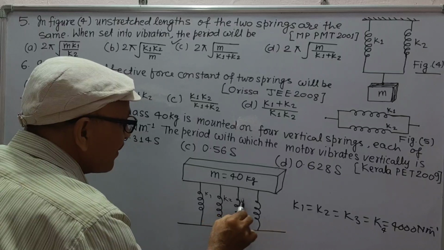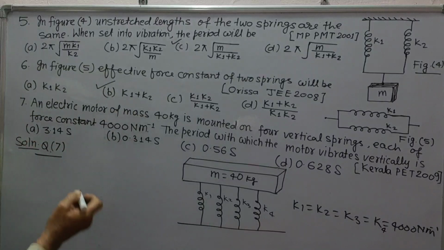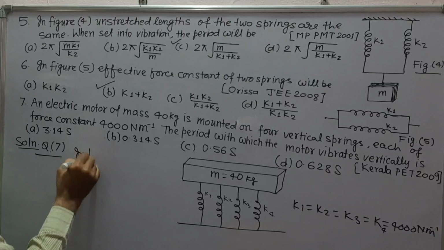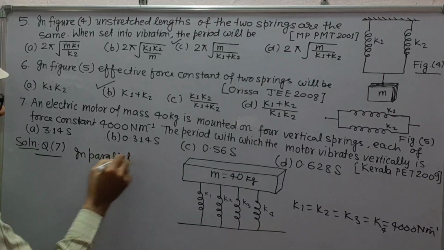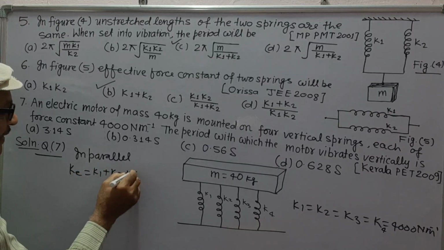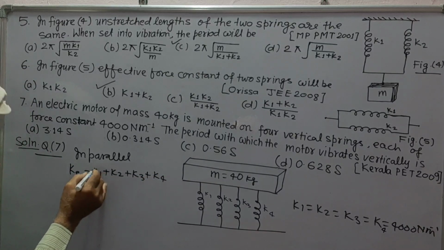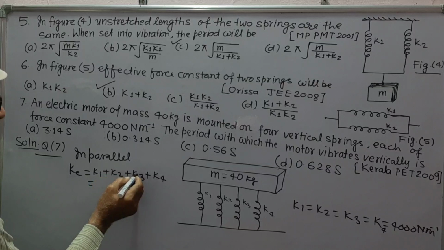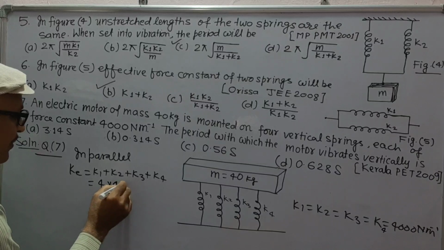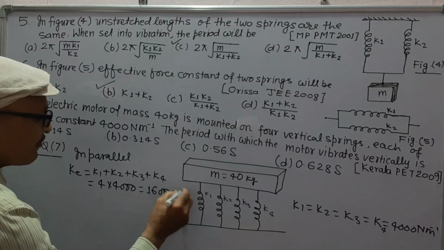Because all these springs are in parallel, K effective will be equal to K1 plus K2 plus K3 plus K4, which is 4000 plus 4000 plus 4000 plus 4000, means 4 into 4000, that is 16,000 Newton per meter.